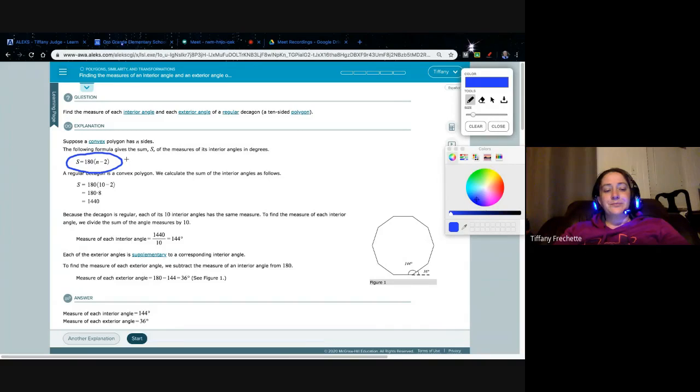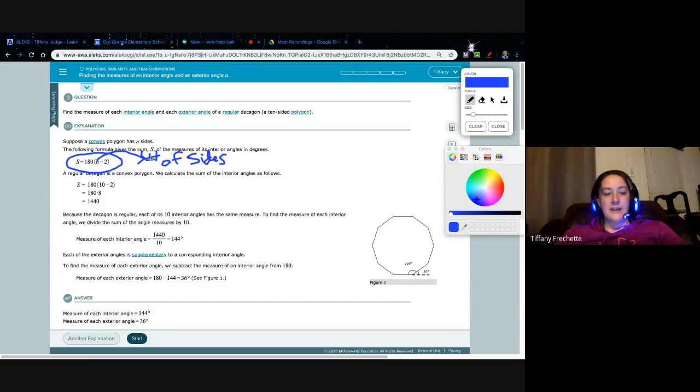So this equation gives us the interior angle sum of a polygon. So all the angles added together is what this equation gives us. So if we know it's a 10-sided figure, because they ask us to find the measure of each interior angle and exterior angle of a regular decagon, or 10-sided polygon, then what they do is they put 10 in here instead of n, because n is actually the number of sides.